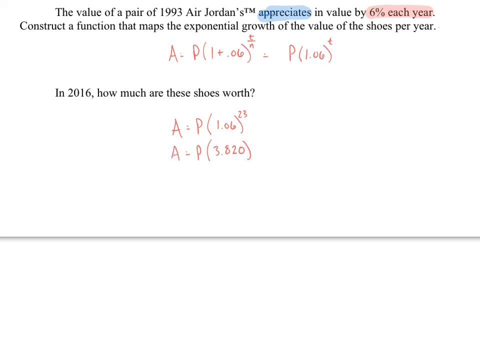So our total amount is whatever the principal amount was, whatever those shoes cost initially, times 3.820. So we can't say what the exact cost is, but we can say that the shoes are worth 3.820 times their initial value.